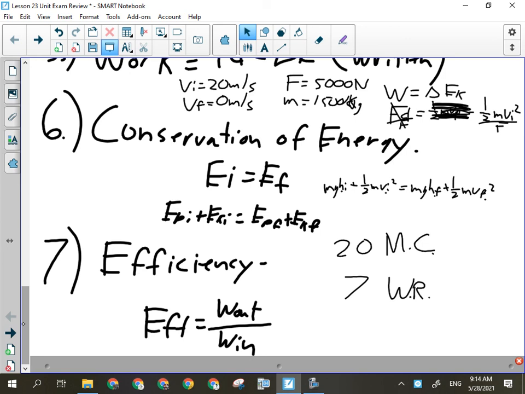Twelve of them are work energy theorem. Conservation of energy question is 8 marks.